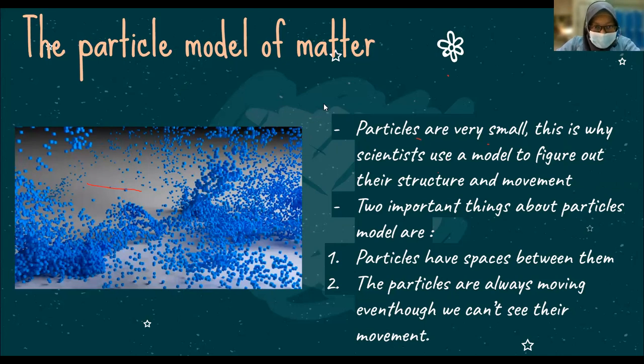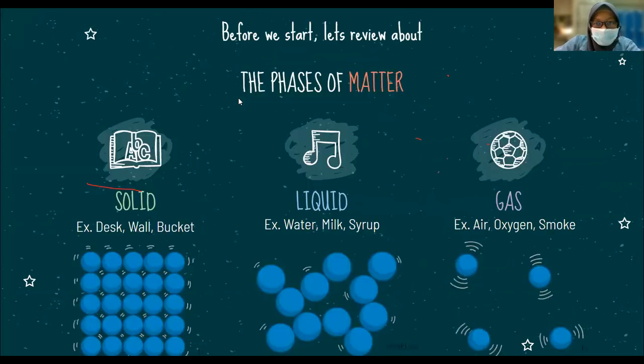So you still remember the solid, liquid, and gas that we were talking about on the first slide, right? These are how the particles of a solid are arranged. They are arranged in a regular pattern.